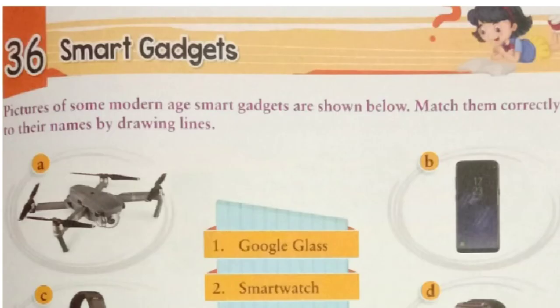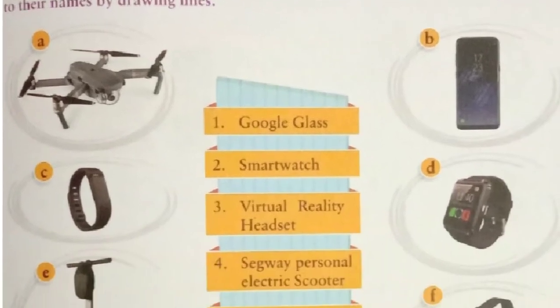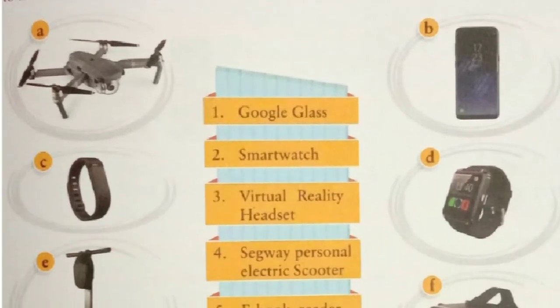So scholars, here is our exercise number 36, smart gadgets. Here in this exercise, pictures of some modern age smart gadgets are shown below. Match them correctly to their names by drawing lines. As you can see, so many smart gadgets are given here.